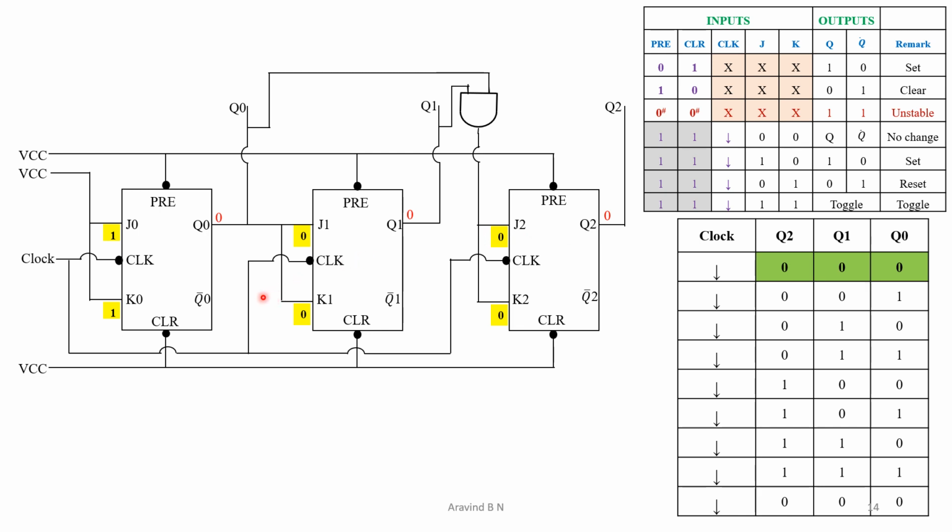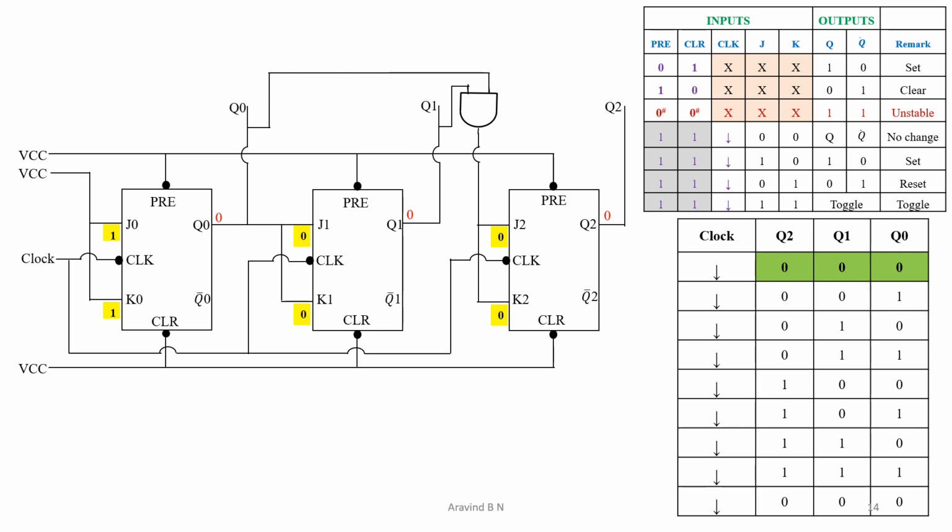Then when the clock is applied to this one, again the same, here it is also 0, 0. There will be no change in the output, but in this case it is 1, 1. Therefore it is in the toggle state. When we apply the clock pulse for this input, the output 0 will get toggled and become 1, and we get this next value as the output.